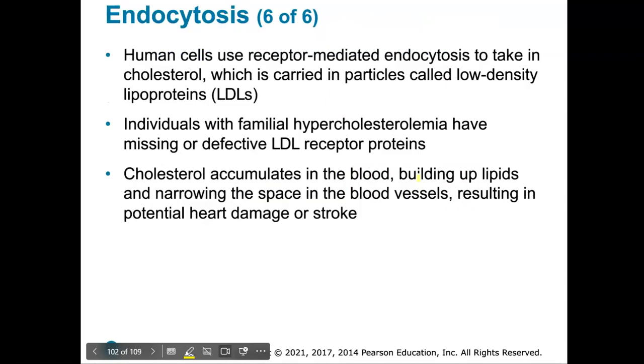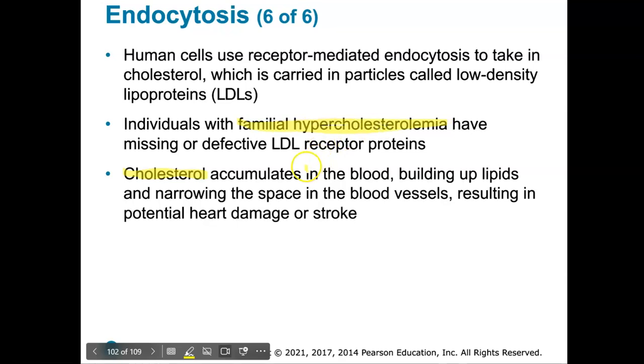I was looking to see if they do. They talk about the LDL receptors. And so cholesterol accumulates in the blood. If a person doesn't have these receptors, like if they have a genetic disease, familial hypercholesterolemia, which is listed right here, I just saw it. That's just genetic high cholesterol.